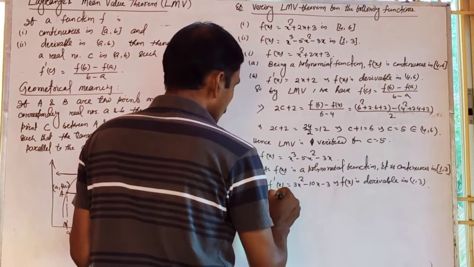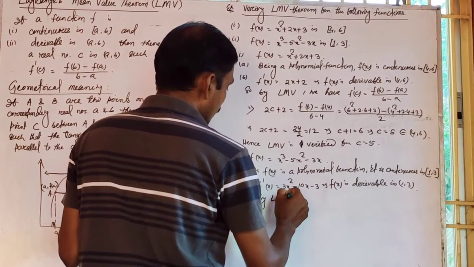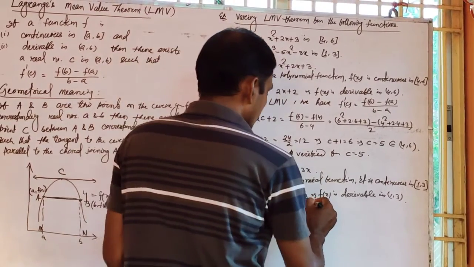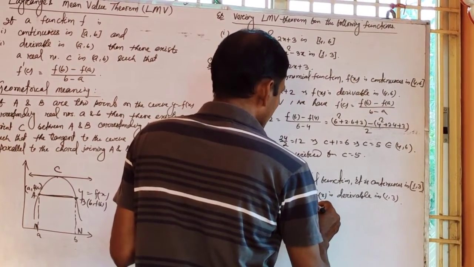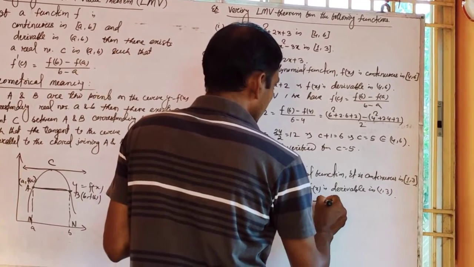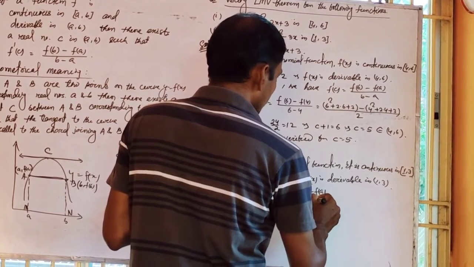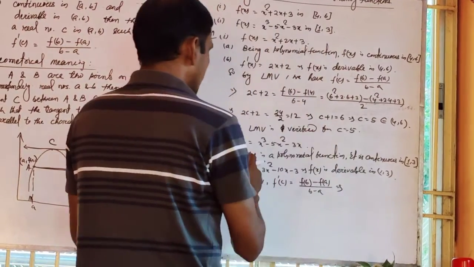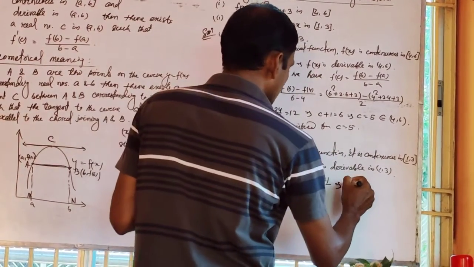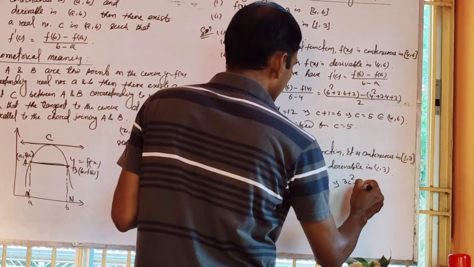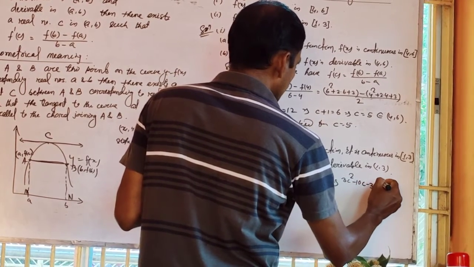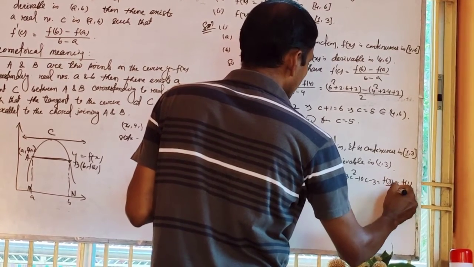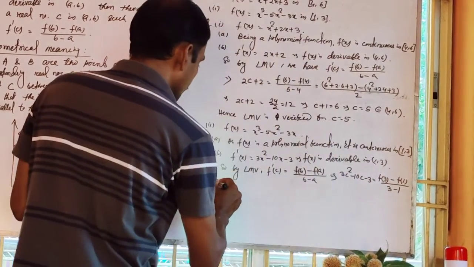So by LMB we have f dash of c equal to f of b minus f of a by b minus a. This implies, what is f dash of x? That is 3c square minus 10c minus 3, equal to f of 3 minus f of 1 by 3 minus 1.